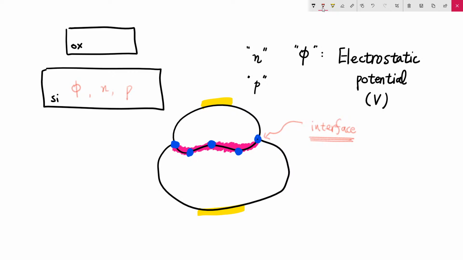And in the same way we can define electrostatic potential, electron density, and hole density on the oxide region. That sounds great, but you may feel something weird immediately. So could you please show your opinion about what is wrong in this configuration, or what the points to be improved are?